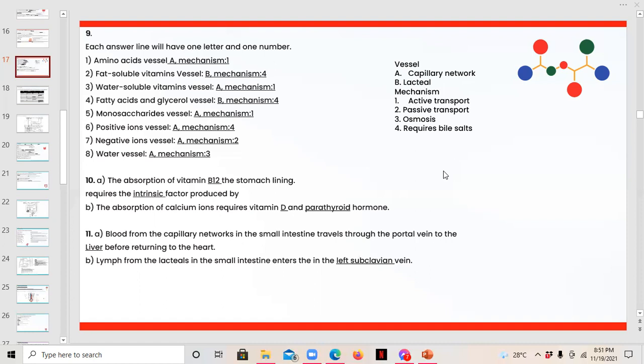Number 11, letter A, blood from the capillary network in the small intestine travels through the portal vein to the liver before returning to the heart. D, lymph from the lacteals in the small intestine enters the left subclavian vein.